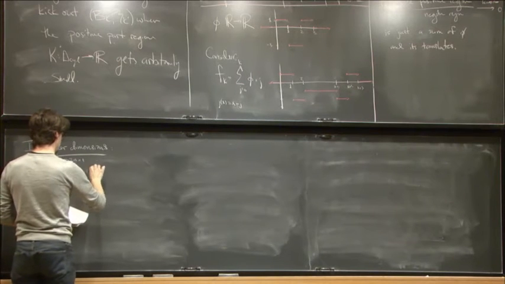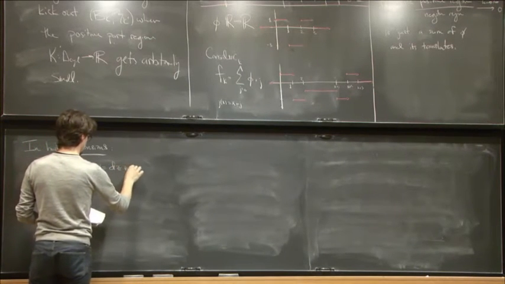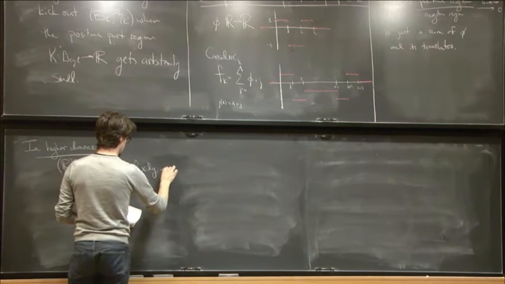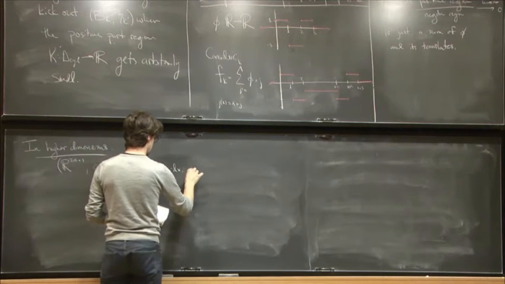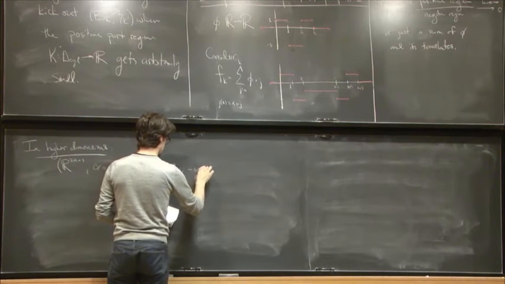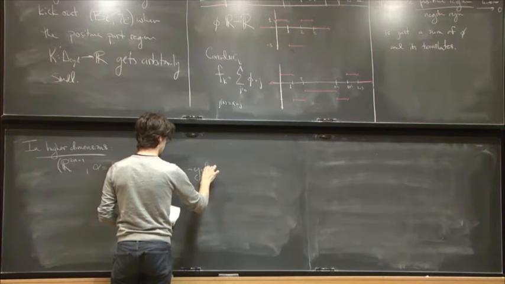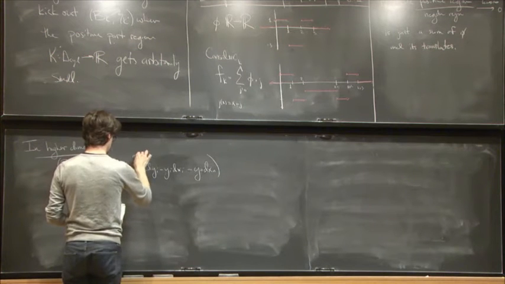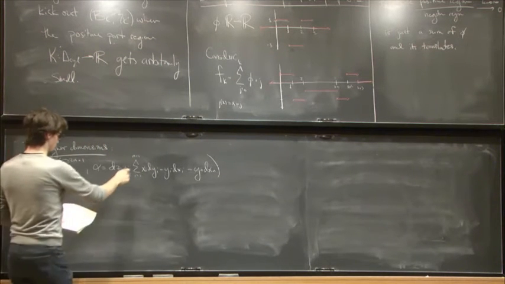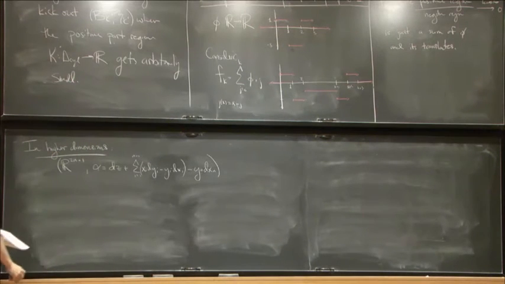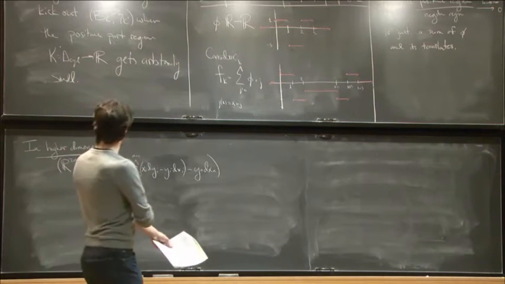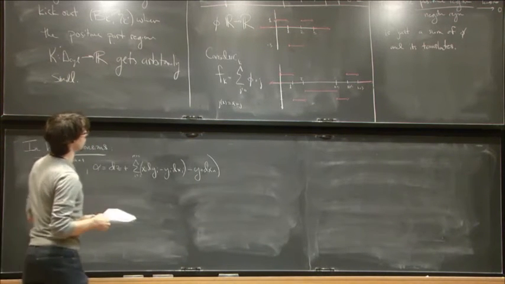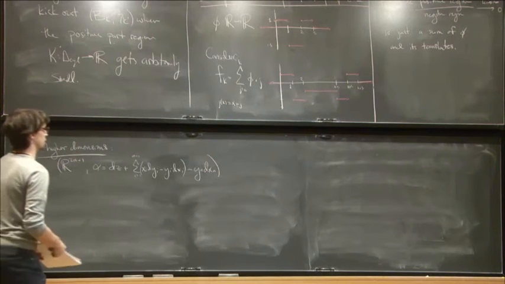For this standard contact form, plus minus y_n dx_n. All right, so for just n equals 0, we just had translations, but you can form the group generated by these translations into this higher dimensional generalization.